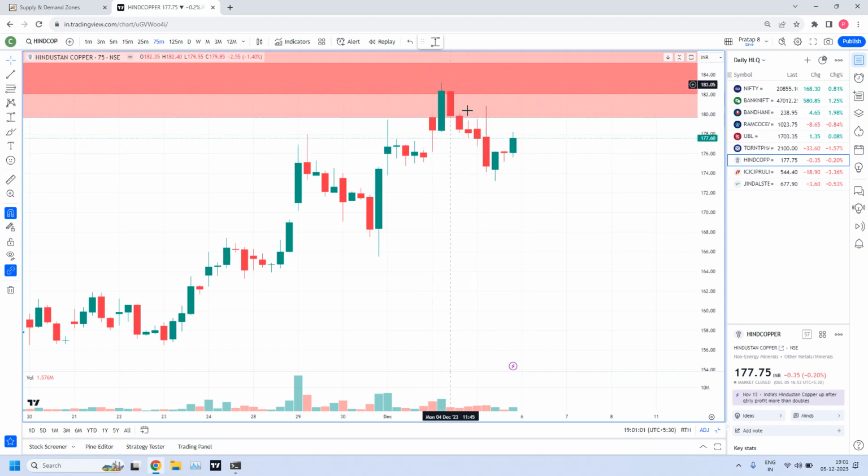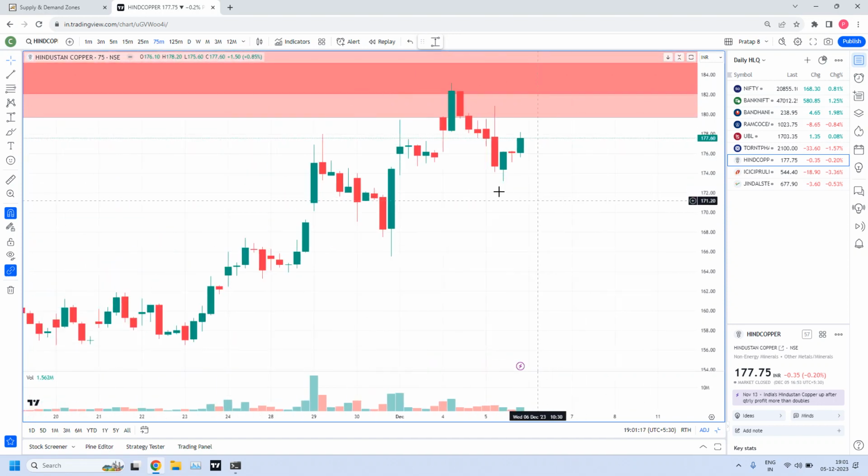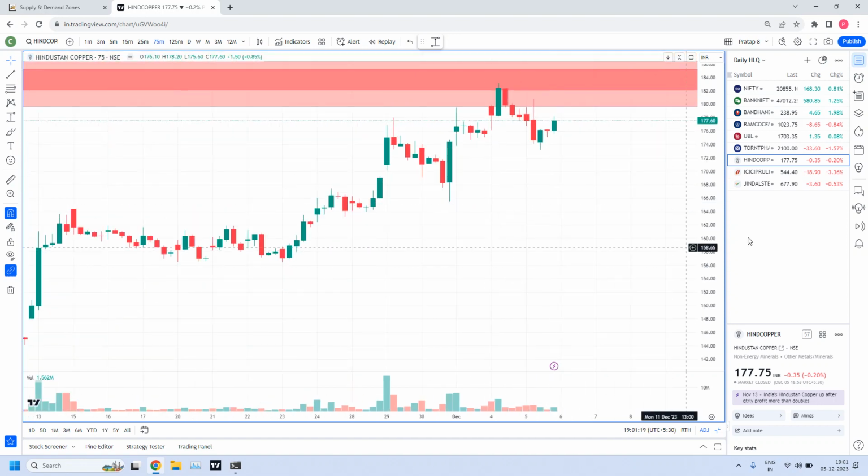So that's why we didn't take trading. But as per yesterday's stock, this was a successful trade for yesterday, but not as per our report. But today, we didn't get the entry. So there is no trade here.